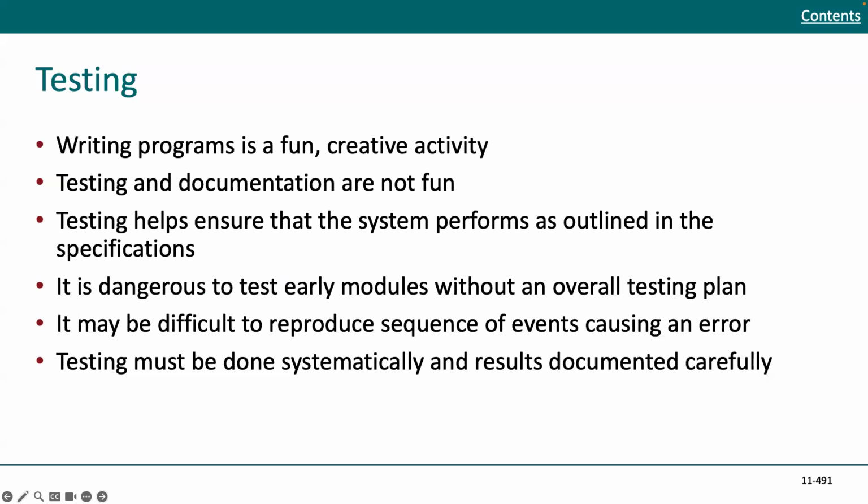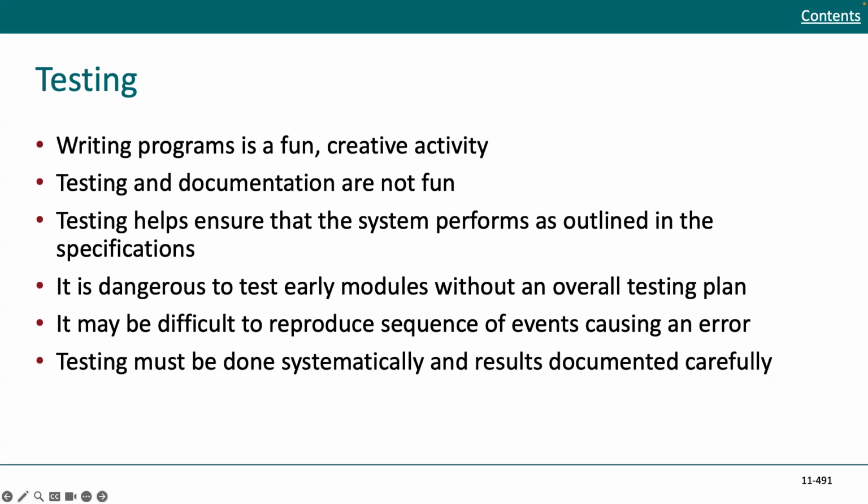So let's get into more details about testing. Writing programs is fun and it can be a very creative activity. Testing and documentation is not fun. Unfortunately, both parts, testing and documentation, are very necessary. Testing helps ensure that the system performs as outlined in the specifications. It's dangerous to test early modules without an overall testing plan.